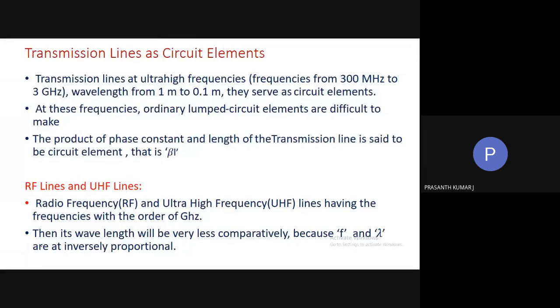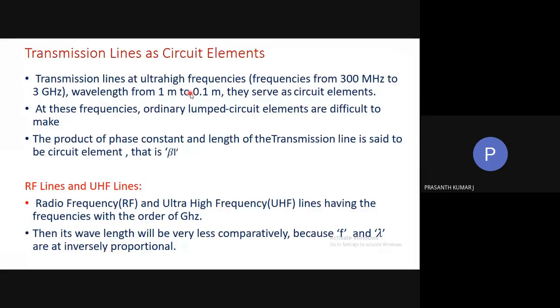If you want to match the capacitance with an equal inductance, you need an inductive load, and if there is an inductance, to match the impedance you need a capacitive load. At that time, we connect these transmission lines as equivalent loads in order to reduce the impedance. I think you followed why we need these as circuit elements.